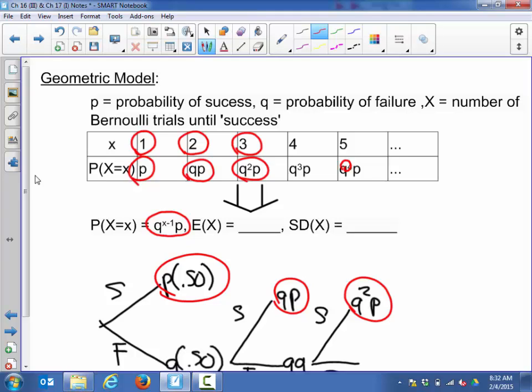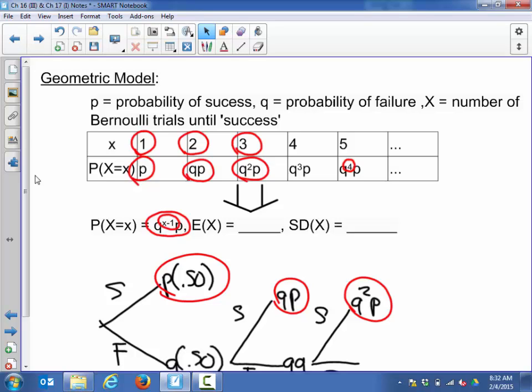You're going to have 4 failures preceding it, followed lastly by success. So to get the probability of success on the xth trial, you just take q to the x minus 1, times p. There are x minus 1 failures that precede that last success, okay?